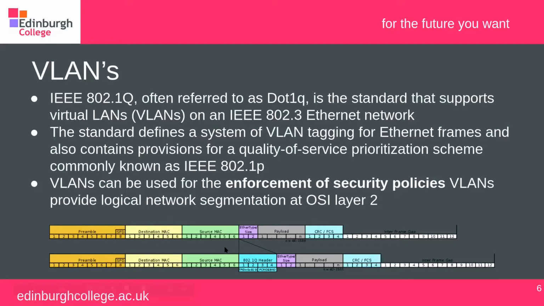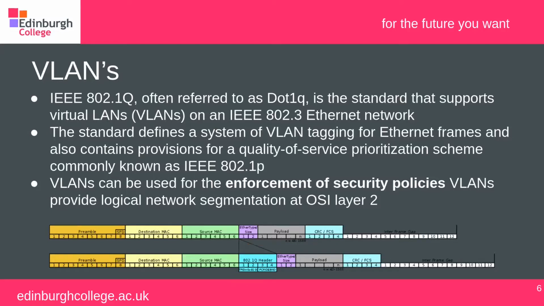This little section is called an 802.1Q header, and in there is the VLAN identification information, including the VLAN number. So when we send a frame, we can put a VLAN number in there, and the switch will know to use that VLAN number to identify the frame.